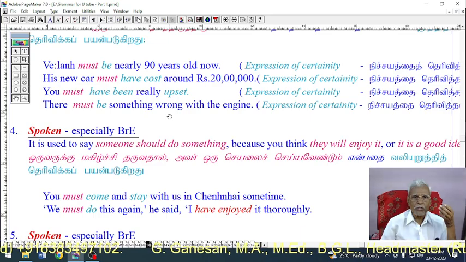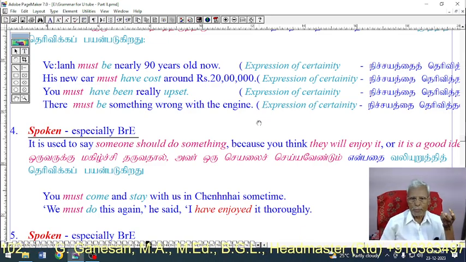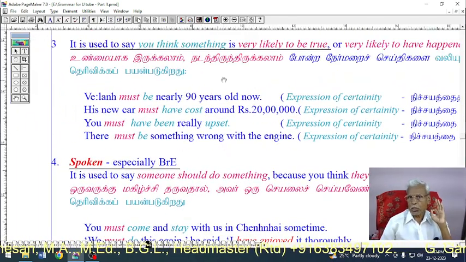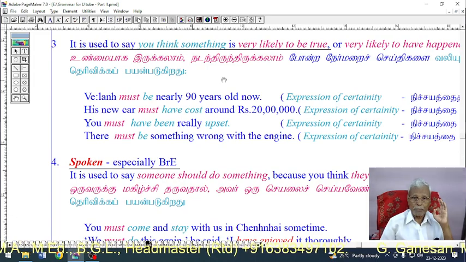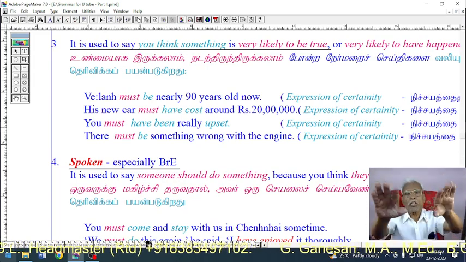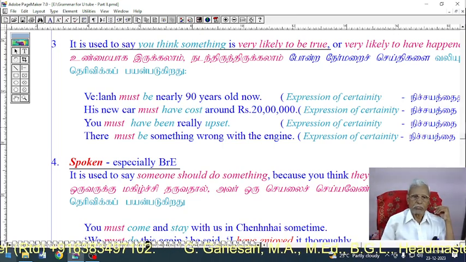There must be something wrong with the engine. Expression of certainty. So the third use of must is to say that something would have happened or something might have been true.